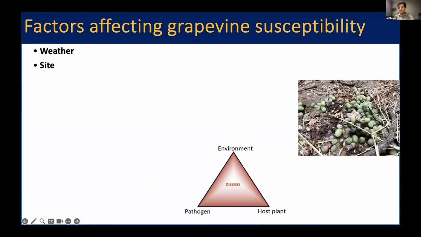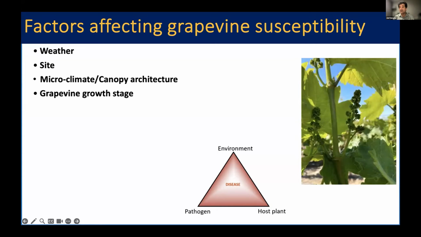Leftover fruits from last year could be the inoculum source, unless you remove them during dormant pruning time. And microclimate within the canopy architecture is very important. If you have a closed canopy, you have more humidity and moisture, and you will have better conditions for the pathogen to flourish.